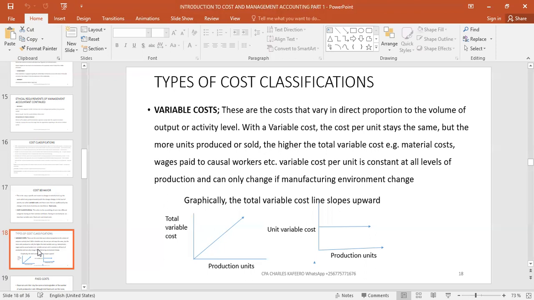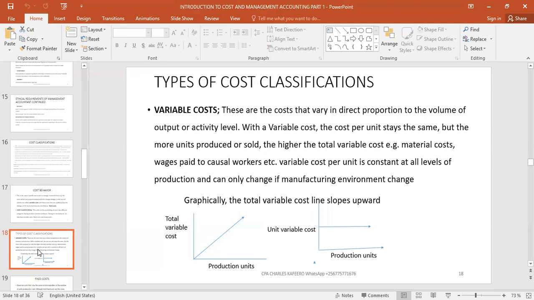For example, the cost of materials and wages. In an organization, you may have an hourly rate, the rate at which you are paying your employees. If you are paying them on a time basis, you may be paying them 10,000 per hour. So the 10,000 is a constant amount, but depending on the number of hours someone works, the more the person works, the more the person will earn.